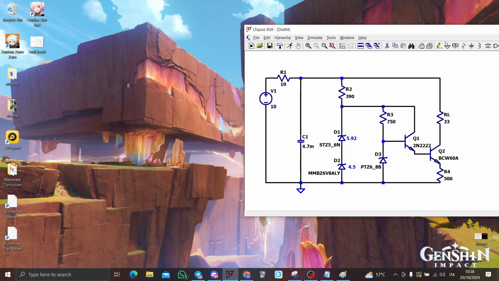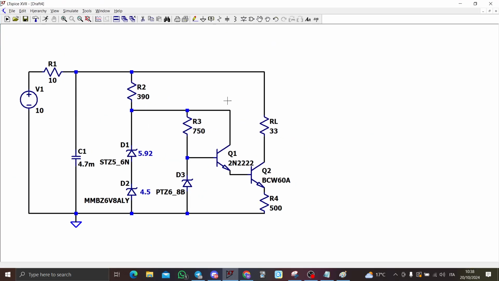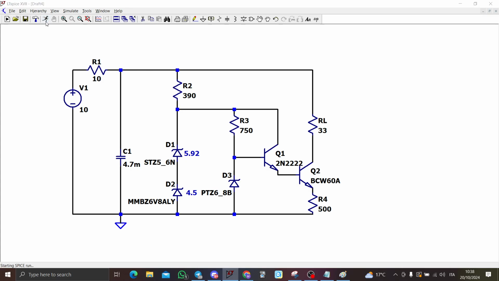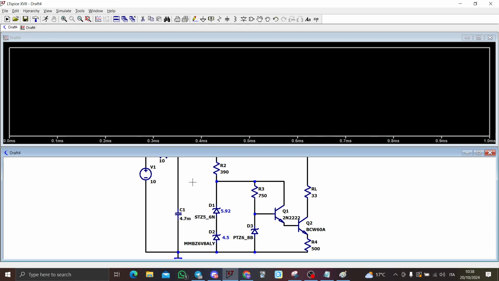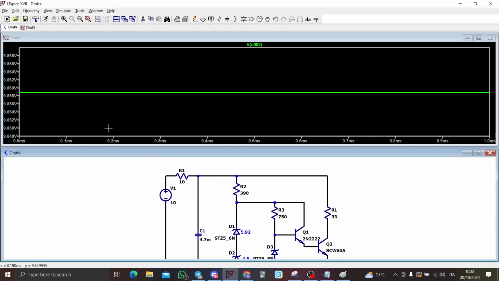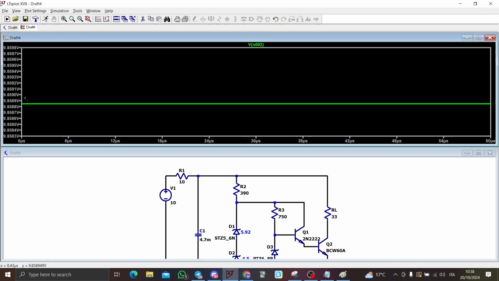Okay, let's go back to the circuit, and let's run the simulation for 1 millisecond. That should be enough. So let's check the voltage here. It is 10 volts, but there is a little bit less than 10 volts. Why?